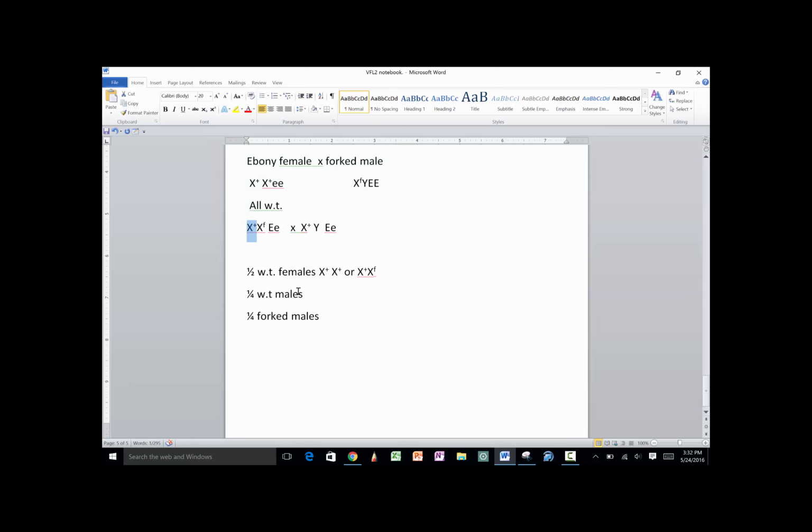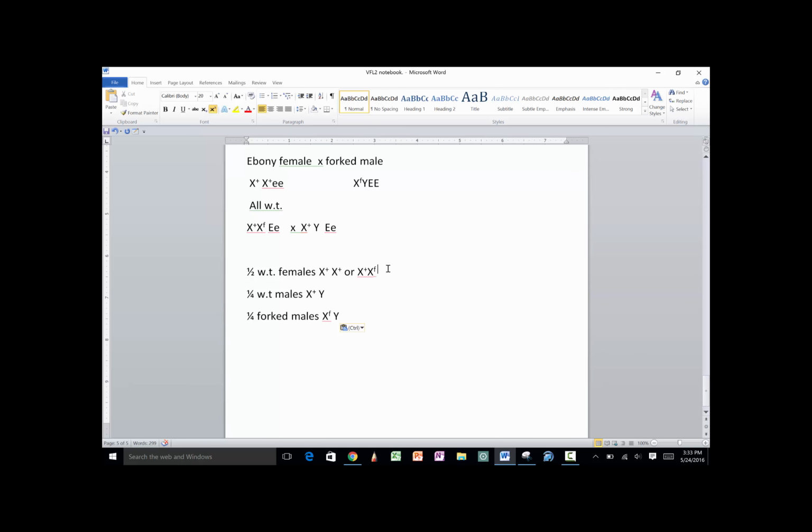So you can get that, or they can get this. If they get that, they get a Y. Or they can get this. And if they're males, they have to get a Y from there. All right, so that's what we get if we had ebony times that. So that's what's going on with forked.